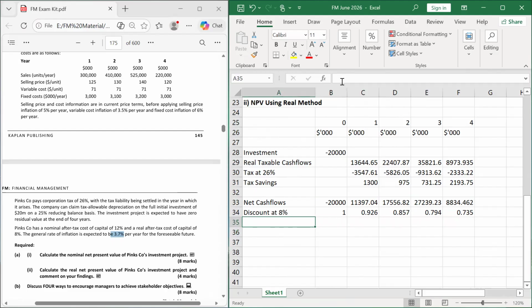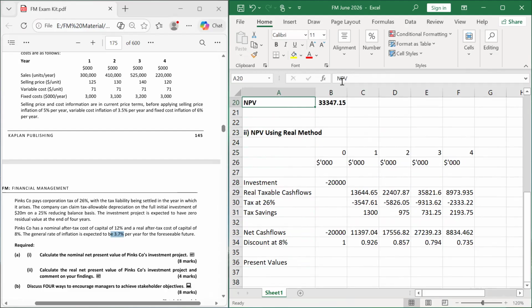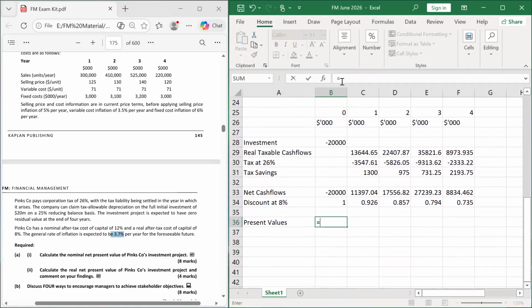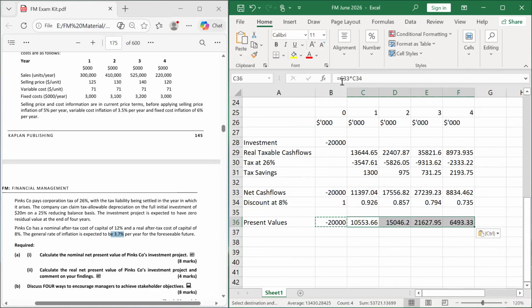Now you can calculate the present values, equal to this times this. Control C, Control V, copy paste.